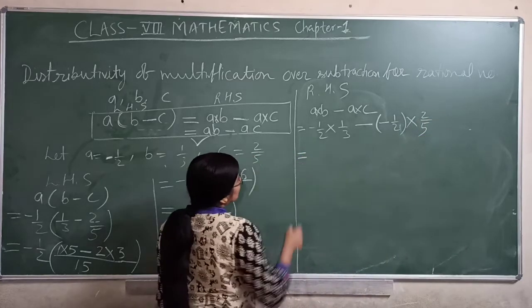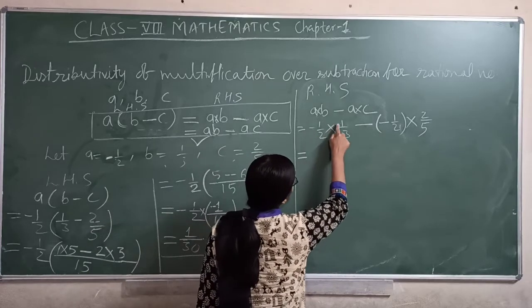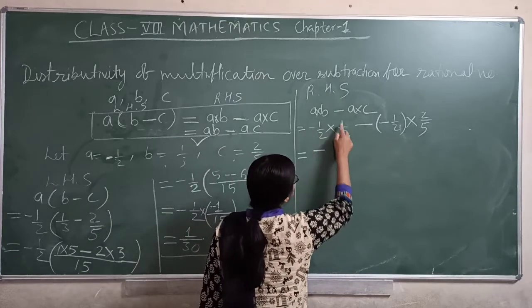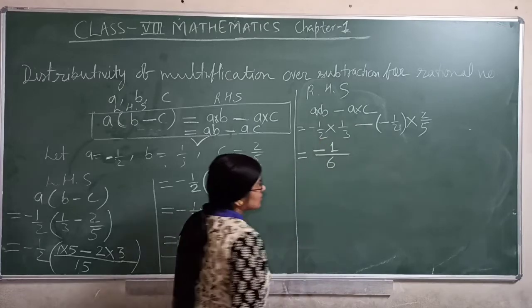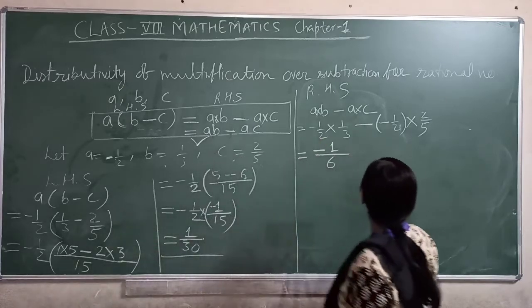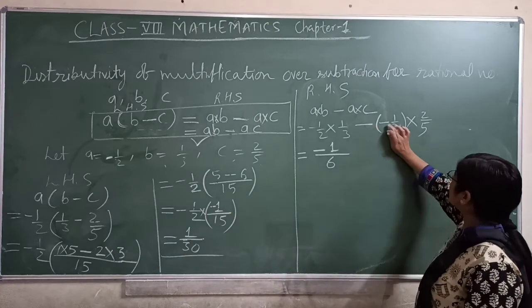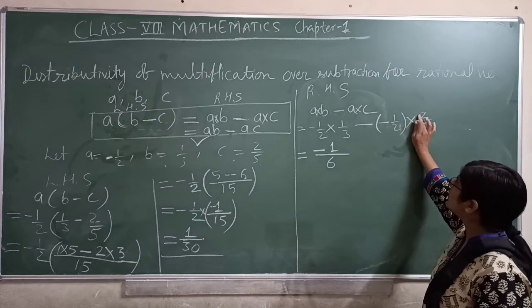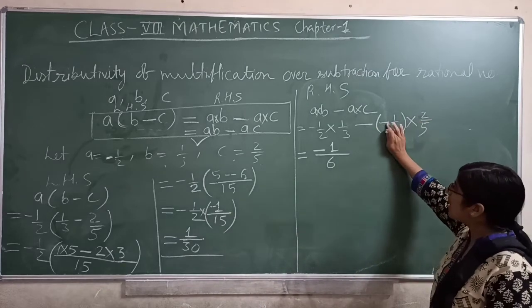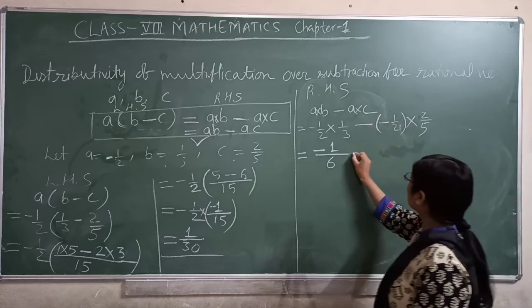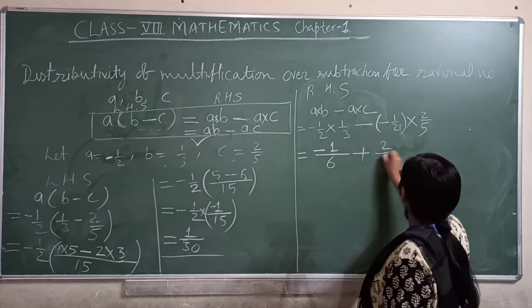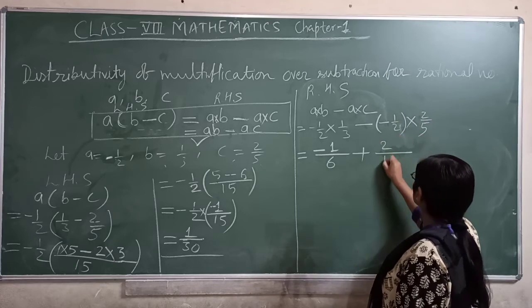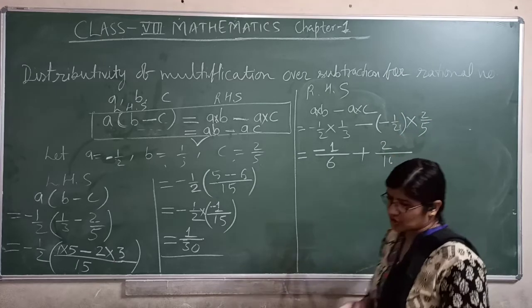Okay. Now minus into plus minus, 1 and 1 and 3 to just 6. Okay. Look here. Minus into plus, it will be minus and minus into minus plus.